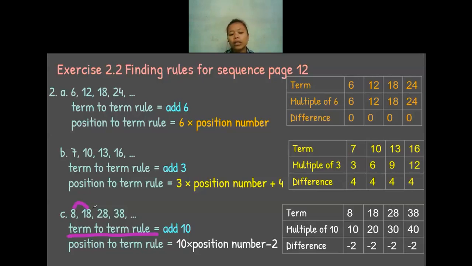From 18 to 28, we plus 10. From 28 to 38, we plus 10. That's why here we have add 10. After that, we write the terms: 8, 18, 28, 38. It's from the question given. And then the multiples of 10. We have to find the difference. Difference means you have to subtract. So this is the multiples of 10, because this is add 10.